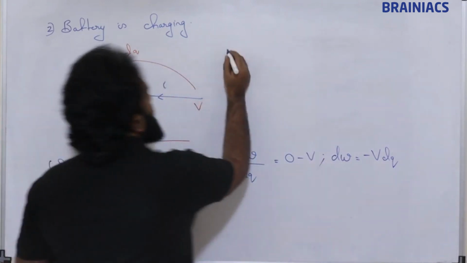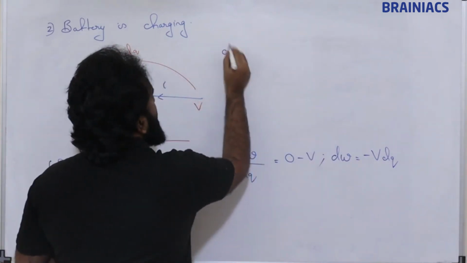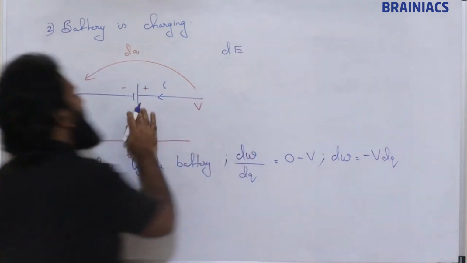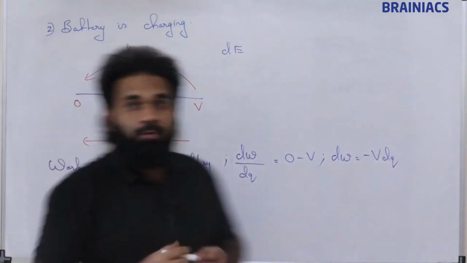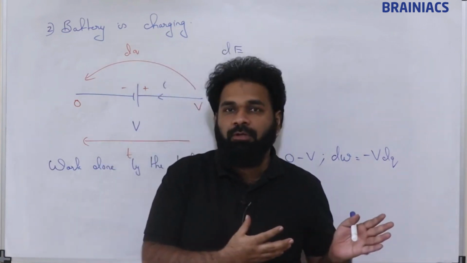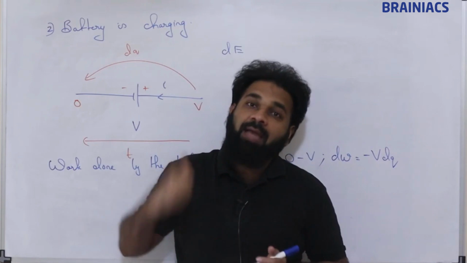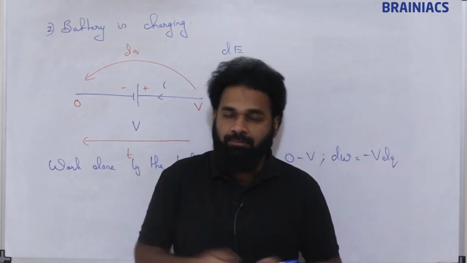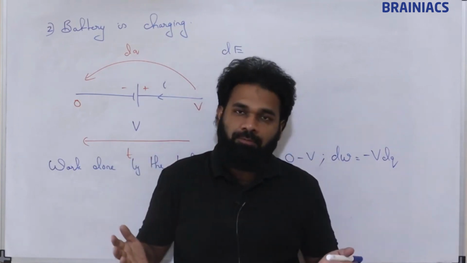So here is the energy absorbed by this battery. Generally, when current is moving from the positive terminal of a battery, that battery supplies energy to the whole circuit.